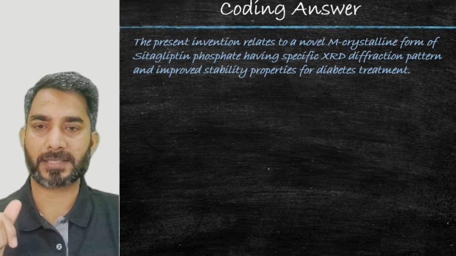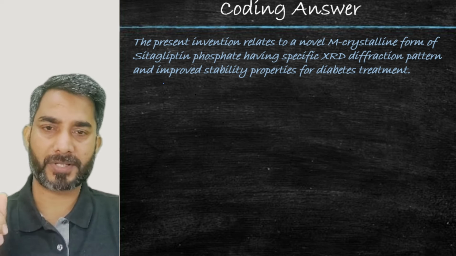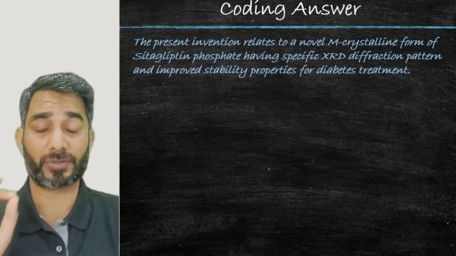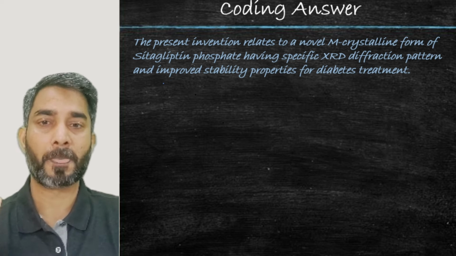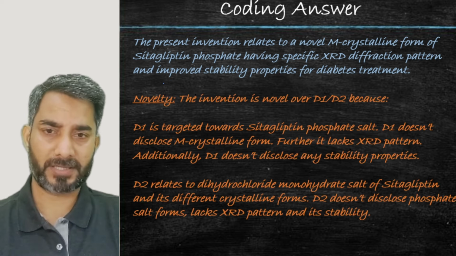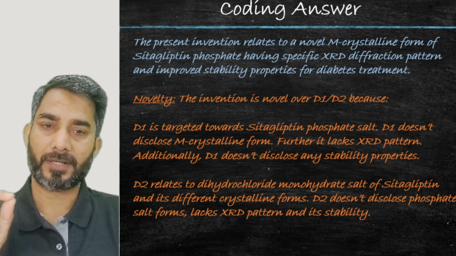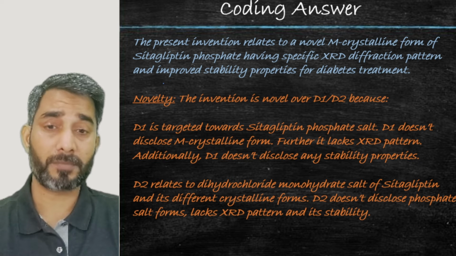How do we write our answer? So we just say the present invention relates to the form of phosphate having specified XRD diffraction and improved stability properties of diabetic treatment, because this is what specifically they have mentioned. With respect to novelty, it's very simple. D1 is targeted towards some phosphate. D1 doesn't disclose the form, crystalline form.